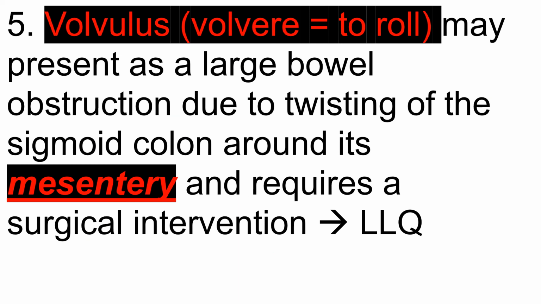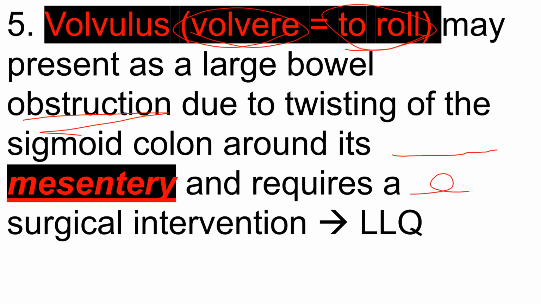Last thing you want to know is a thing called volvulus. Volvulus derives its name from volvere, which means to roll, and may present as a bowel obstruction. So obviously, if an intestine becomes twisted around its mesentery, for example, in sigmoid colon around the mesentery.